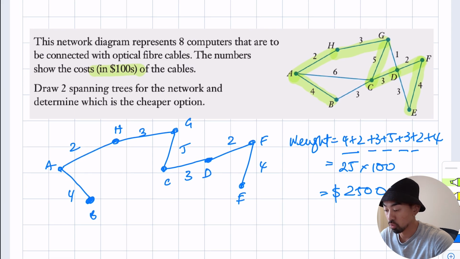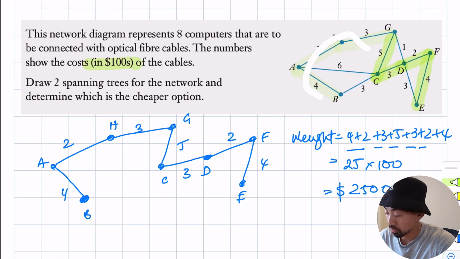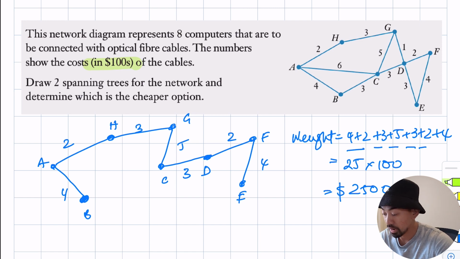Right, cool. They want us to draw one more, so just get rid of this and draw another one. Okay, so instead of going up, I'll go down this time.